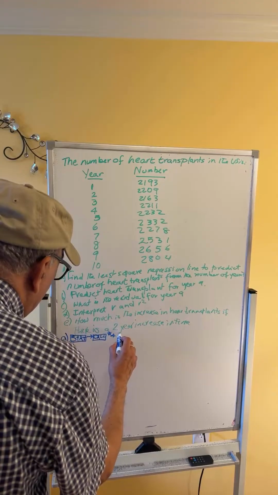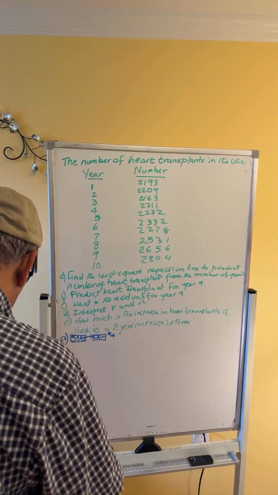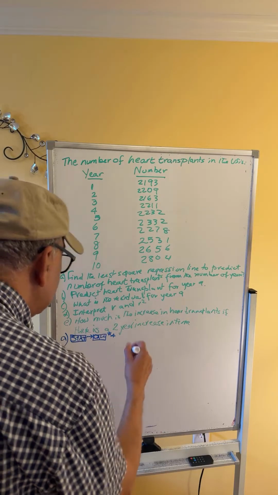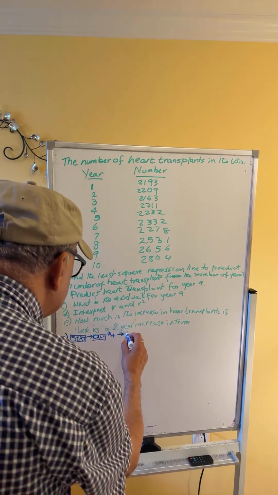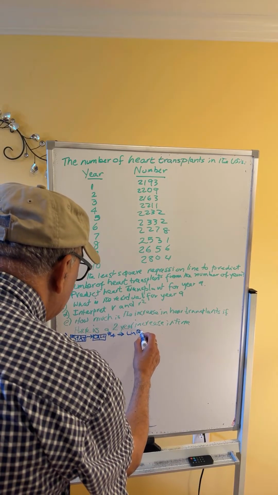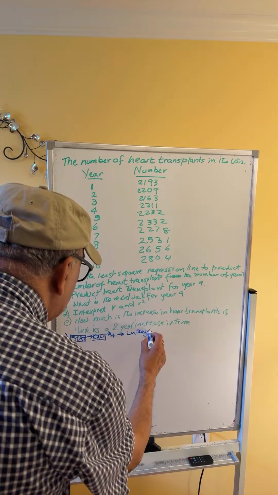So STAT CALC, then number 4, which is LinReg(ax+b). Lin means linear regression, ax plus b.